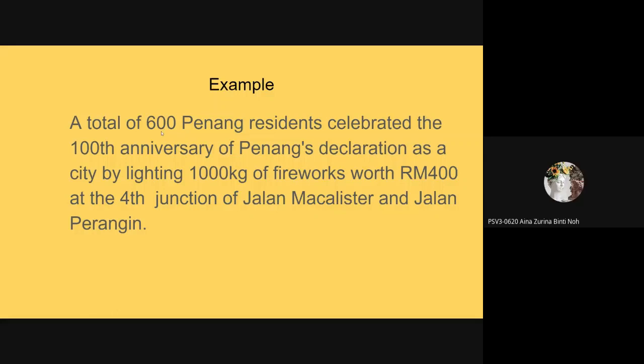Actually, it's cardinal because we can ask the question, how many residents? The answer is 600. It's a cardinal number. Second one, cardinal, ordinal, nominal? Ordinal, yes. Which anniversary? The 100th anniversary.